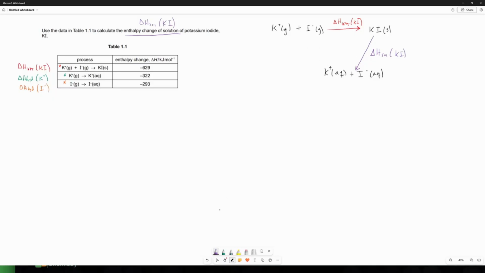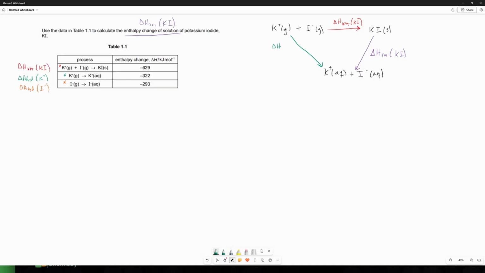On the other side, when we're talking about going from the ions in the gas state to the ions in the aqueous state, we are talking about dissolving each individual ion. Remember, when we're talking about hydration, going from the gaseous ions to the aqueous ions, we are talking about individual enthalpy changes for each individual ion. So we have the enthalpy change when potassium plus gas changes into potassium plus aqueous.